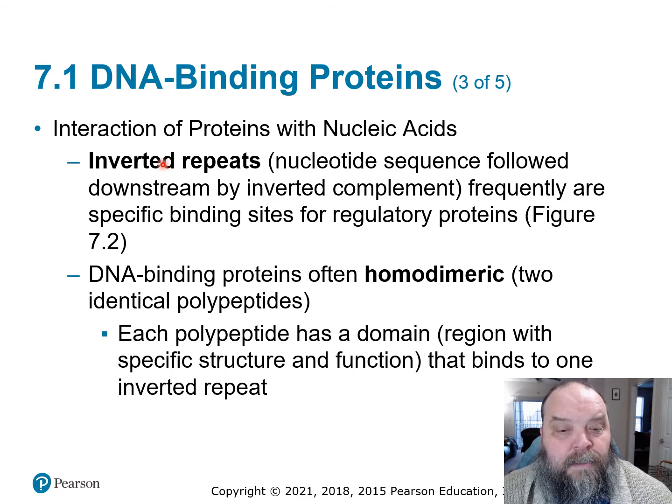When you look at the nucleotide sequences where many of these proteins are going to be interacting, we find what are referred to as inverted repeats. Inverted repeats means basically the sequence of the DNA nucleotides further along, you're going to get the mirror image.